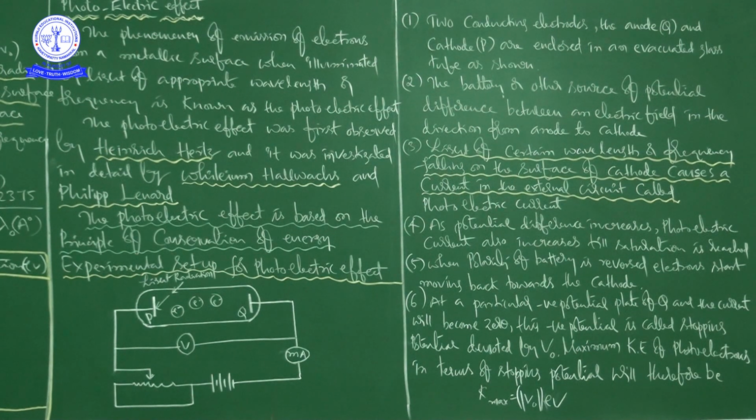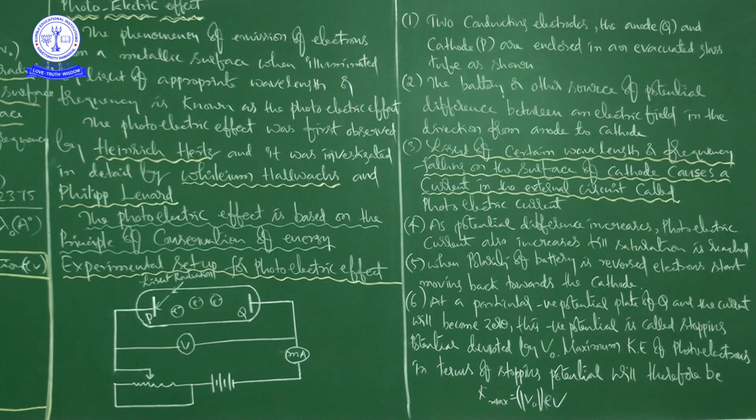There is a battery, with plus and minus terminals, or any other source of potential difference. And this is a rheostat, to change the resistance present in the circuit. This is the total experimental setup to observe the photoelectric effect.